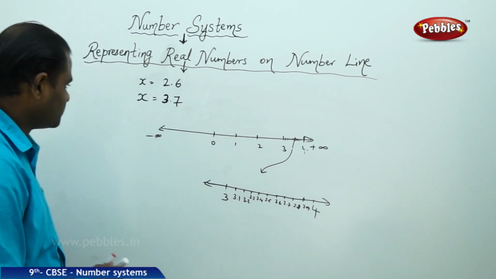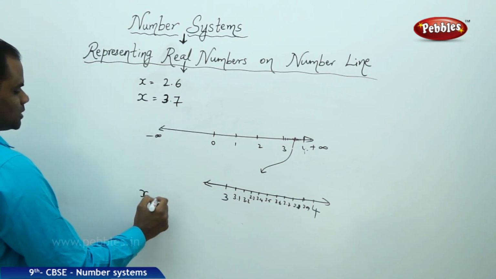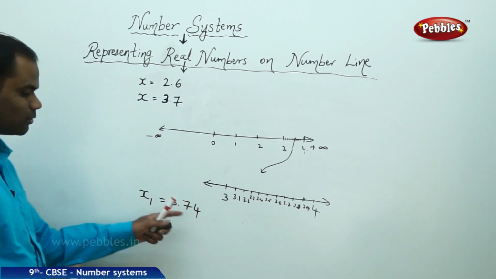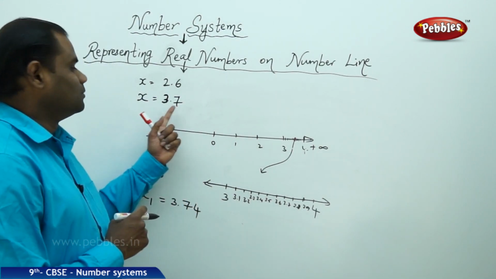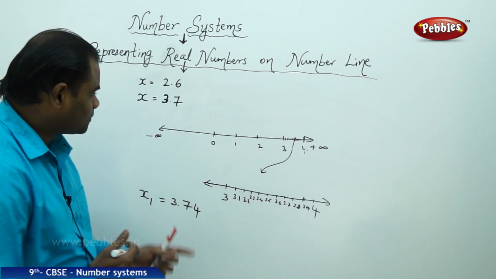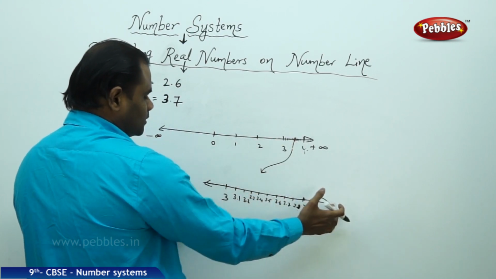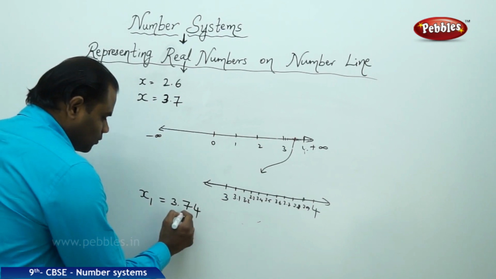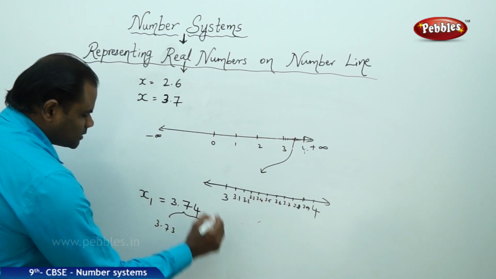Say I continue this with the number x1, which is 3.74. I would like to locate the number 3.74, which is again a more approximate value than 3.7. So what do I do with this number line? I start with the first number line between 3 and 4 somewhere out here. Again I subdivide. I get between 3 and 4 10 different units, and 3.74 lies between 3.73 and 3.75.